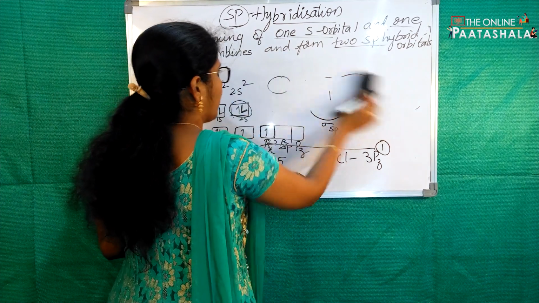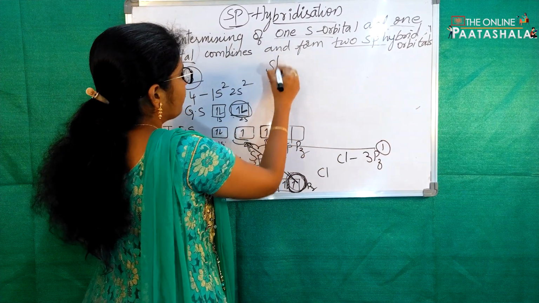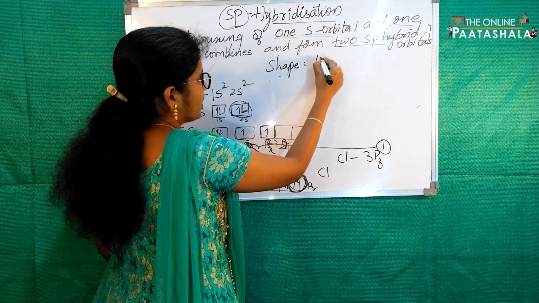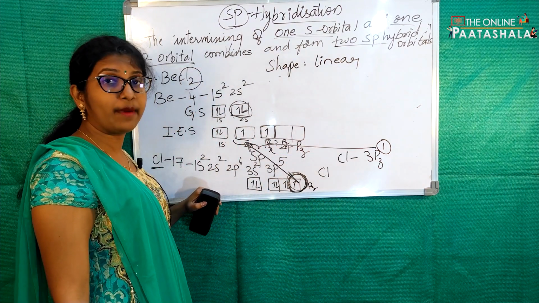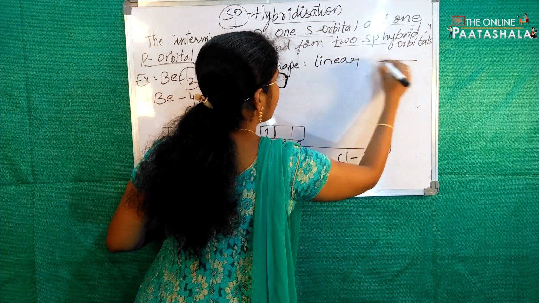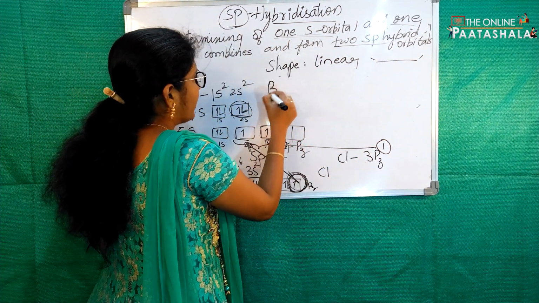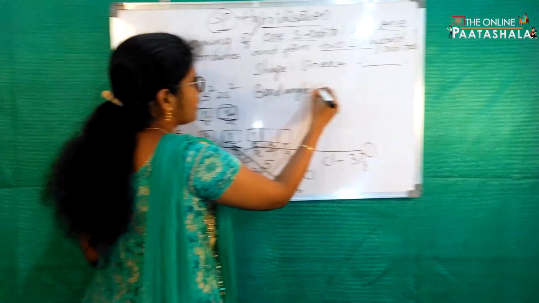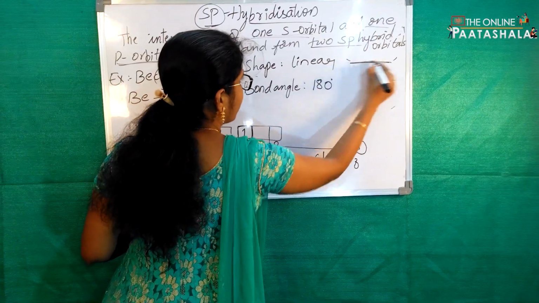For beryllium, the shape of sp hybridization is linear. Linear means it will be in a straight line. The bond angle is 180 degrees. What is the bond angle for a straight line? It is 180 degrees.